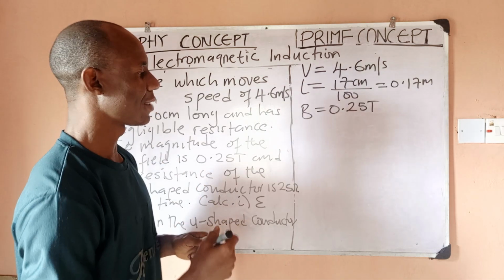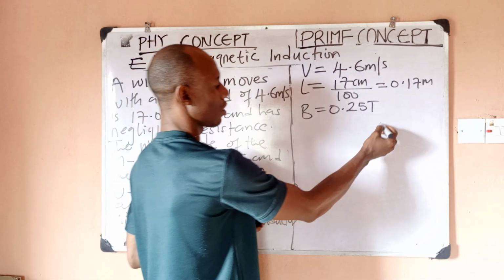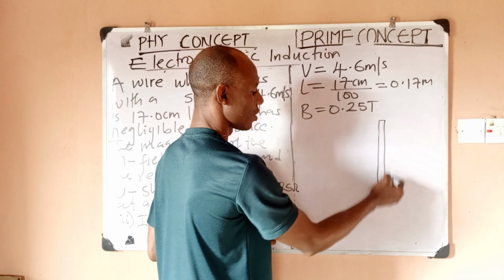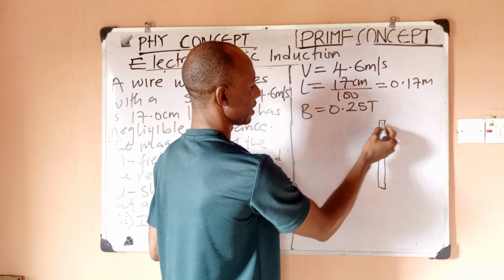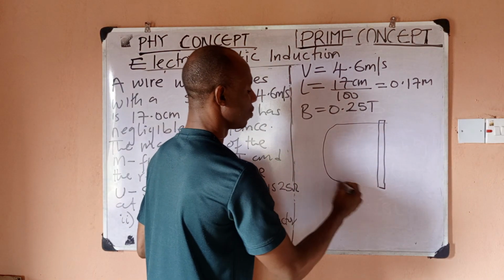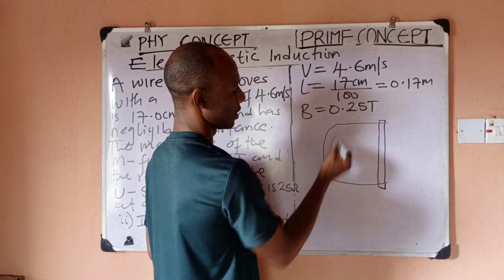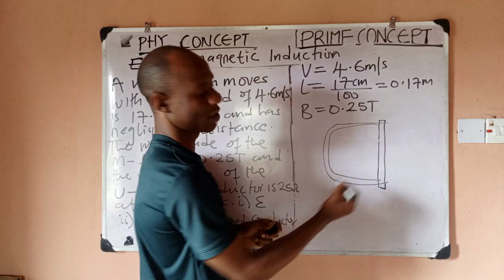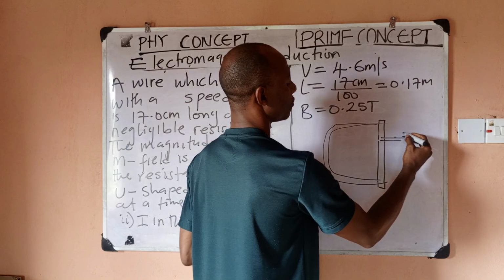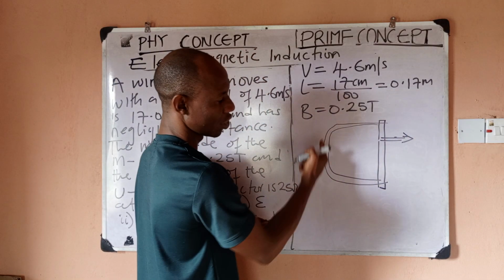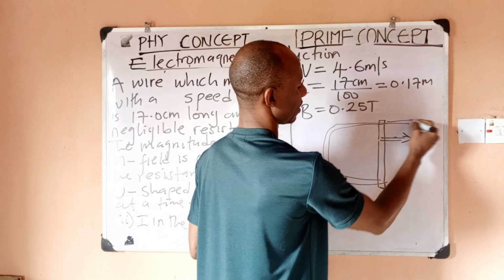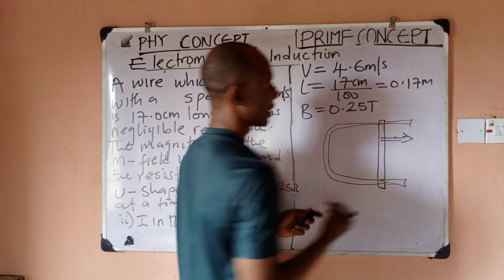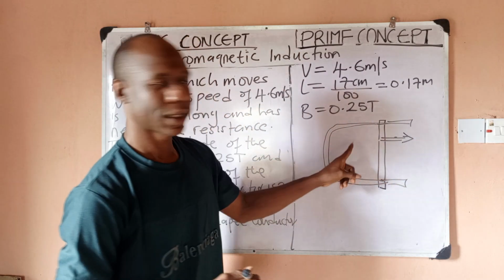But what happens is that we have a conductor present in a closed path, a U-shaped closed path. This part is fixed so that you form a closed circuit, while this conductor can move, but the U-shaped part is fixed. It doesn't move like this. But this conductor can move.